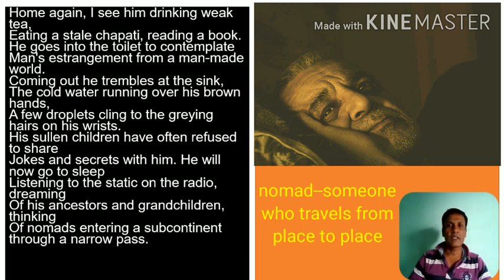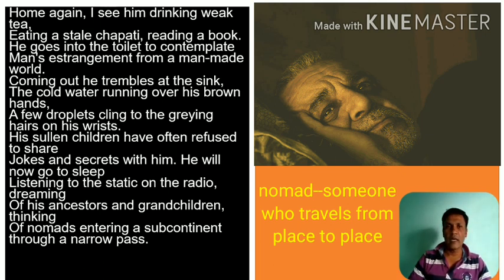When the poet speaks of how his father goes off to sleep thinking of nomads entering a subcontinent through the narrow pass, as this man dreams of these hordes of ancient invaders of India coming down through the Khyber Pass, his rich, romantic inner life is what continues to sustain him through his uninspiring day-to-day existence in the modern world.